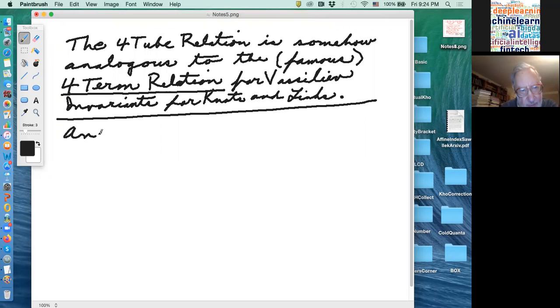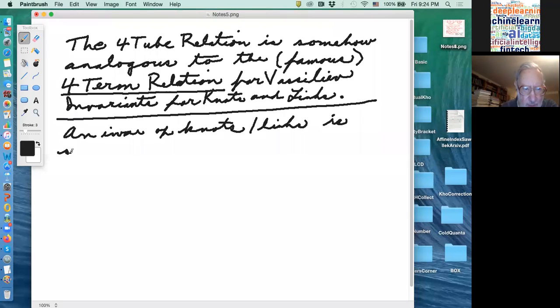An invariant of knots, not necessarily virtual knots, but we can do it for virtual knots as well, or links, is said to be a Vasiliev invariant.